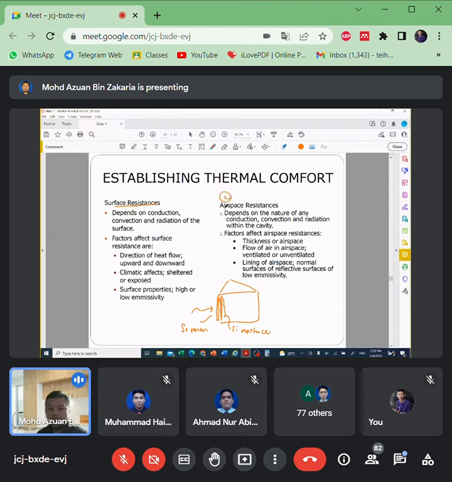Meanwhile, number two, we also have airspace resistance. If you have a brick outer leaf, brick outside, and brick inside, inside here is a gap of air. This cavity can become a resistance because air has a very low K value. So the air itself can become resistance. But normally we have surface resistance.